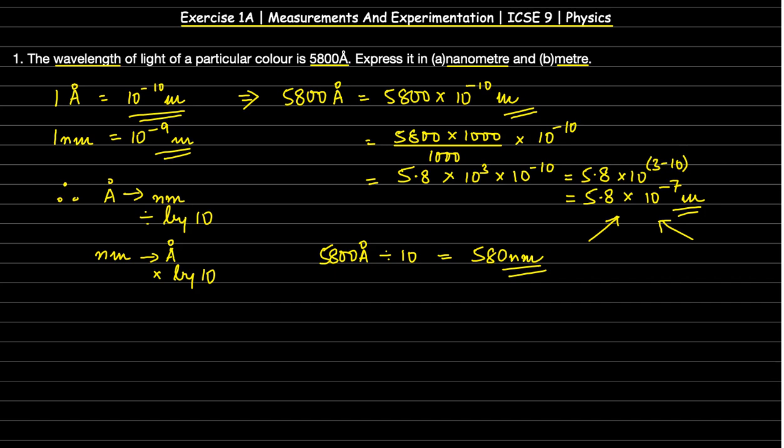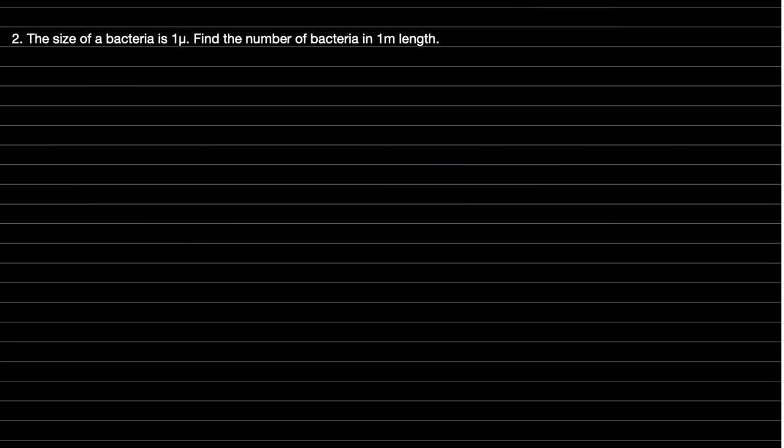Getting into the next question, that is question number 2. Here it is given the size of a bacteria is 1 micron. So 1 micron is 10 to the power of minus 6 meters. Find the number of bacteria in 1 meter length. It is a very simple problem actually.